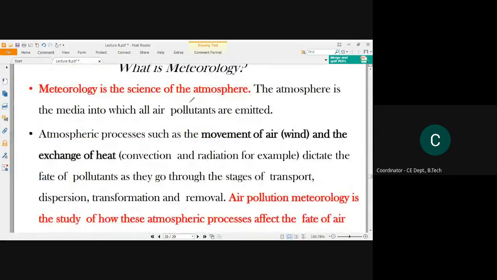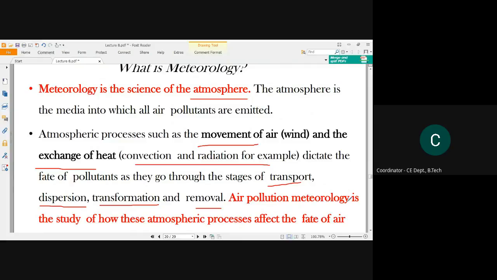So what is meteorology? Meteorology is the science of the atmosphere. The atmosphere is the medium into which all air pollutants are emitted. So atmospheric processes, such as movement of air, wind, and the exchange of heat, convection and radiation, for example, dictate the fate of pollutants as they go through the stages of transport, dispersion, transformation, and removal.